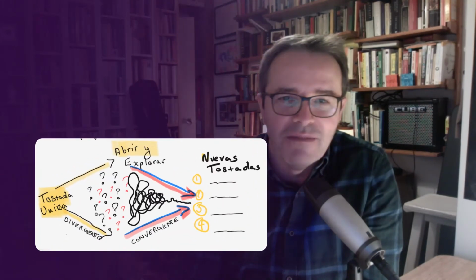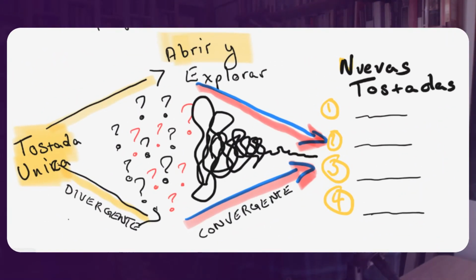We've taken the concept of toast. We've done some divergent thinking to question the ingredients, if you like, of toast. What does toast mean? Well, we've questioned that, and we've opened and explored the possibilities of toast.